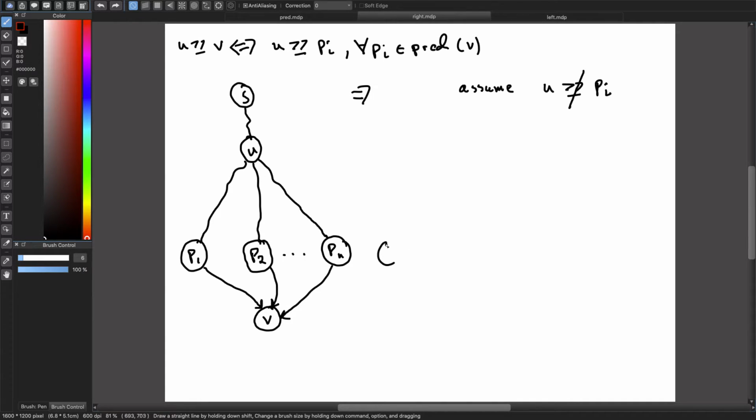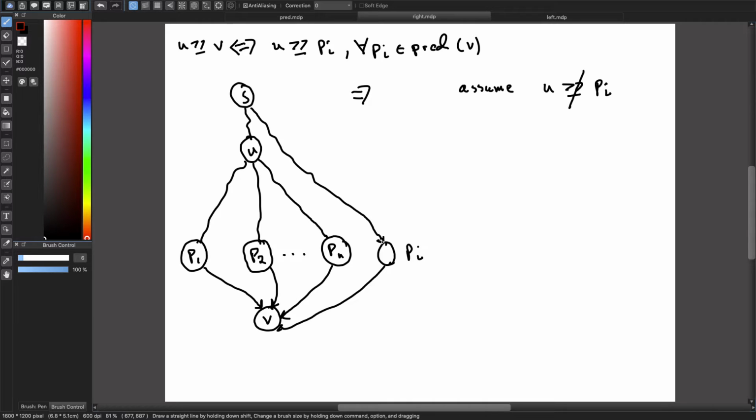It doesn't matter very much, but here we have P_i. And that's a predecessor of V. And now there is a path which does not include U, since we assume that U does not dominate P_i.